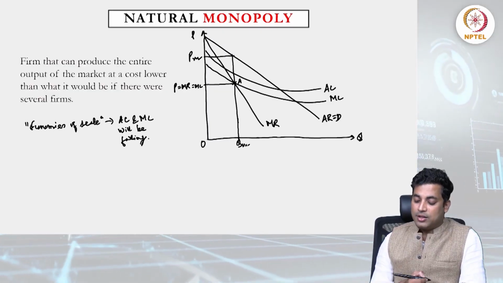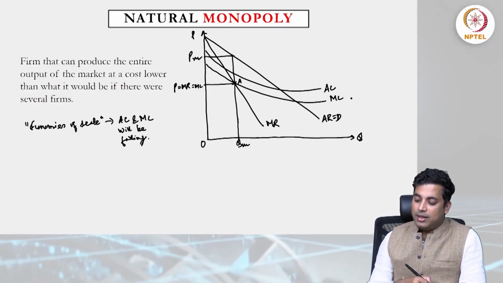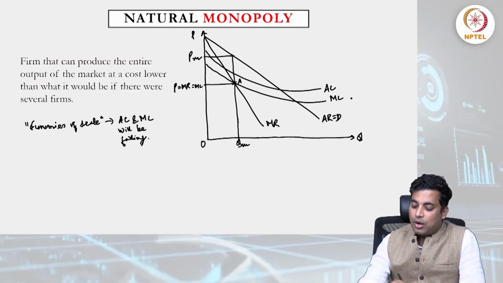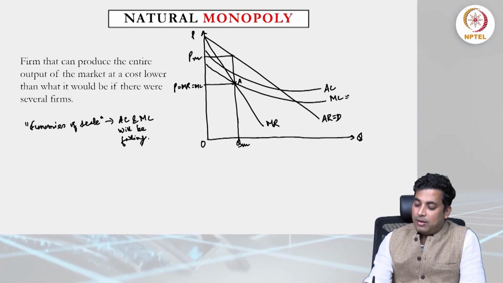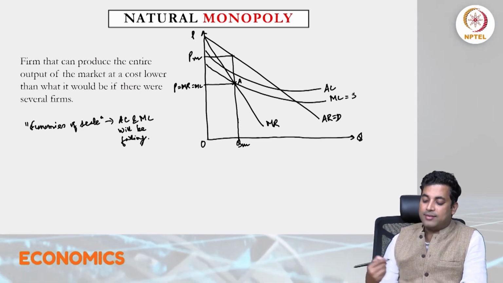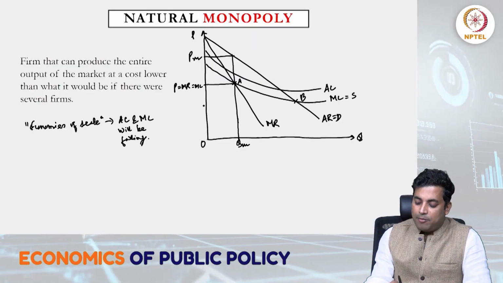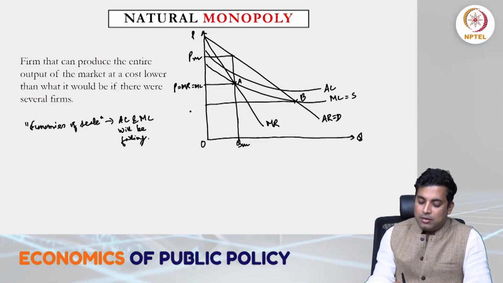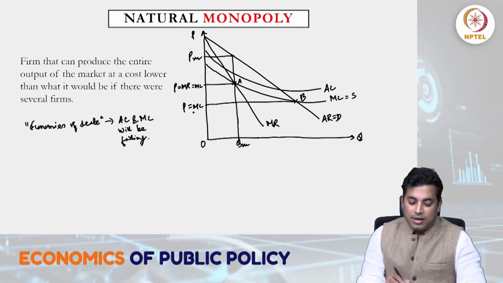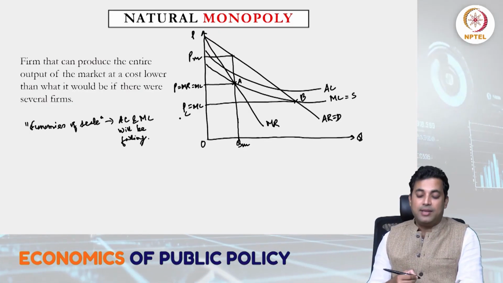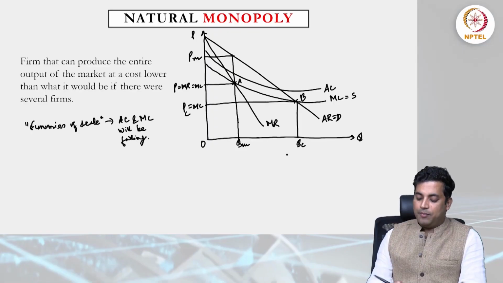The other condition is where price equals marginal cost, and we can consider the marginal cost as the supply curve of the firm. So at point B we get price equals marginal cost, which is the condition for perfect competition, giving PC, and the quantity that we get is QC.